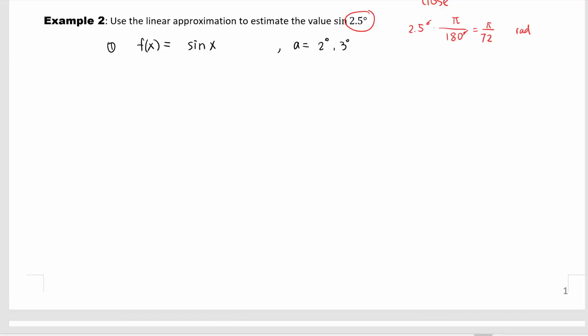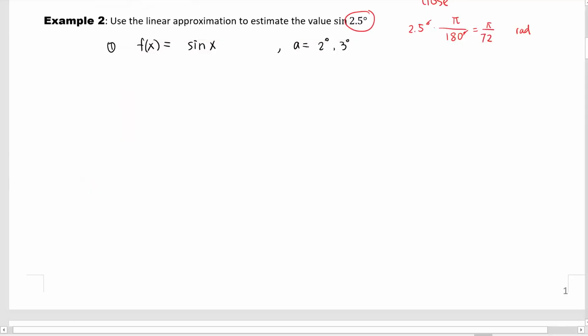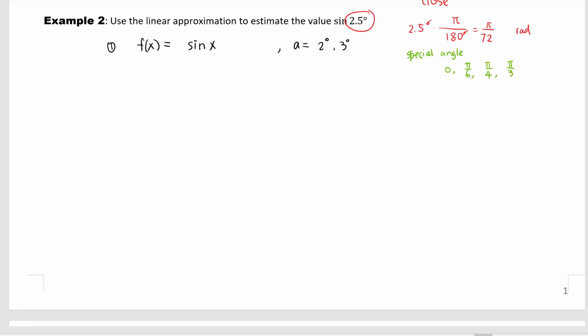What are the special angles? Well, the special angles are 0, pi over 6, pi over 4, pi over 3, and pi over 2.